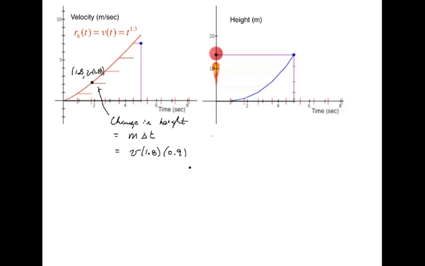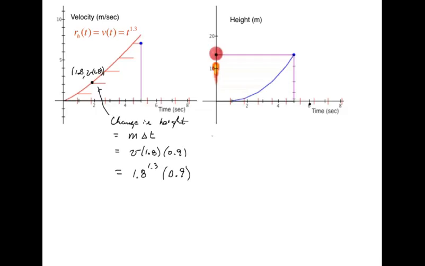It's going to be that constant rate, it keeps that rate the whole time, times delta t, right? So then our delta t is 0.9. So v of 1.8 times 0.9 equals 1.8 to the 1.3 according to the original rate function. And so that gives us the little bit of change in height for the third interval.